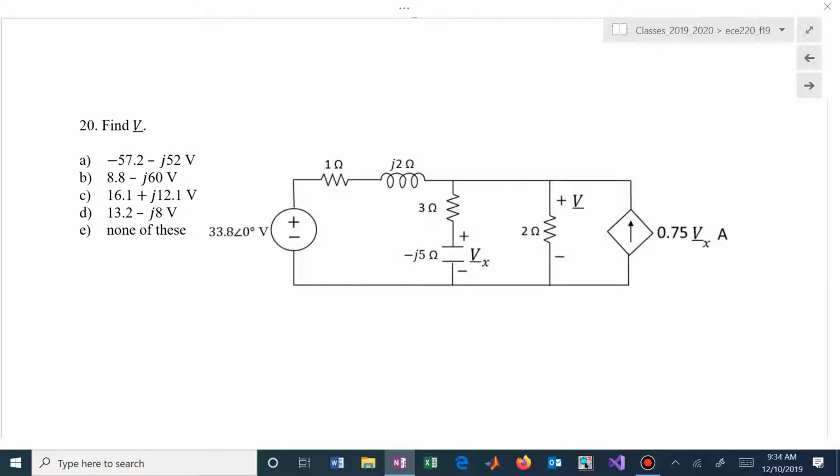You're given an independent voltage source. You have a dependent current source, and that current source is dependent on the capacitor's phasor voltage, V sub x, and you're asked to find the voltage phasor across that 2 ohm resistor.